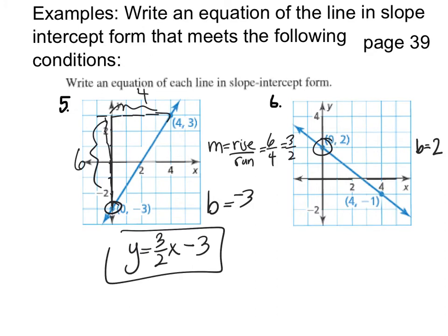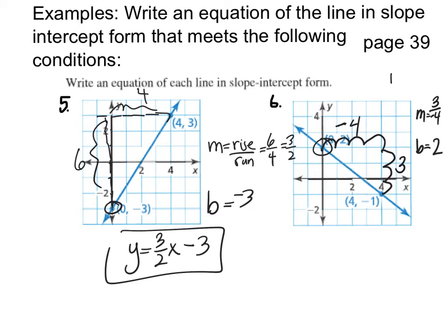For my next one, y equals mx plus b. I know my b value is 2. I'm going to count my rise and run. Rise 1, 2, 3. Run 1, 2, 3, 4 in a negative direction. So my slope is going to be a rise of 3, a run of negative 4.